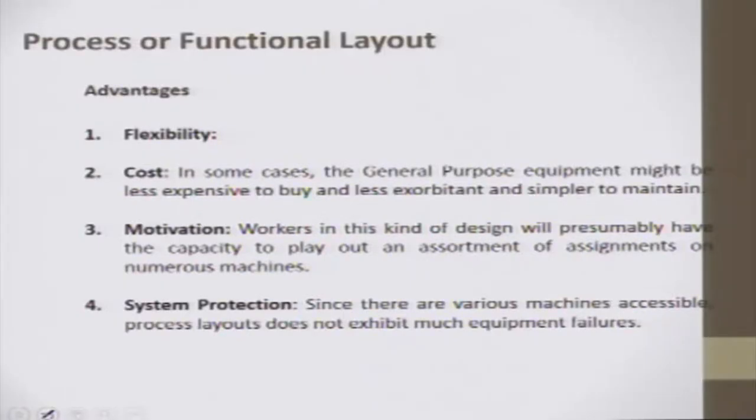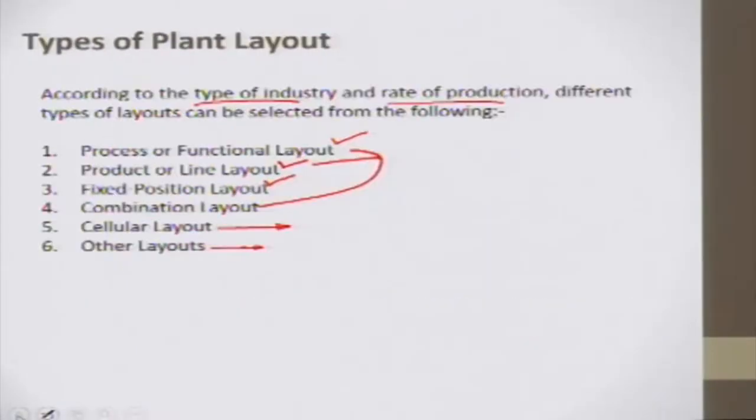Now there are certain advantages of process layout. Number one is flexibility. Flexibility is because it is a batch production. So most of the products can be put into this.